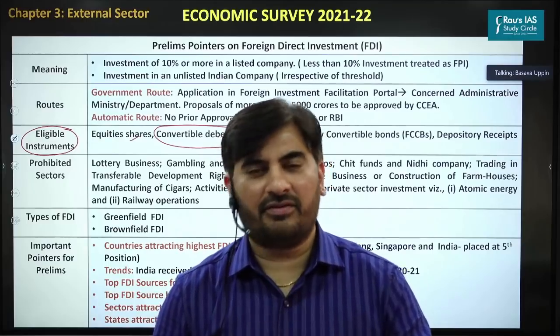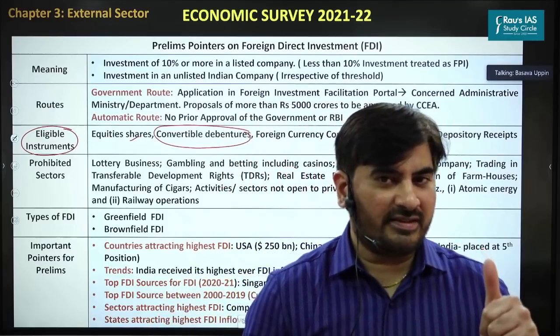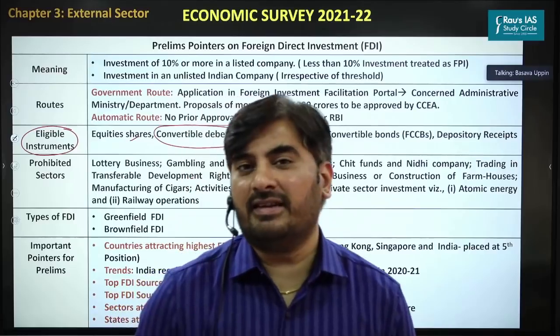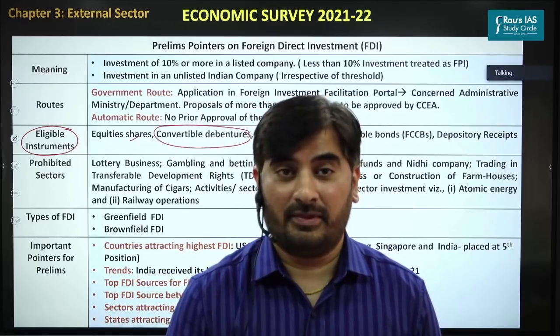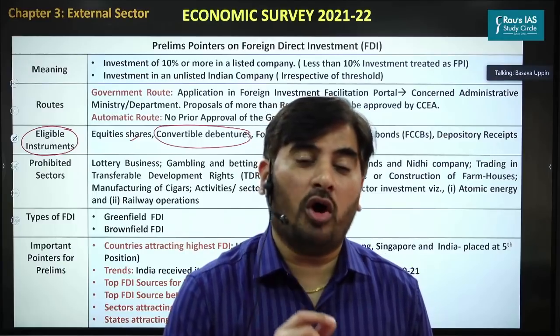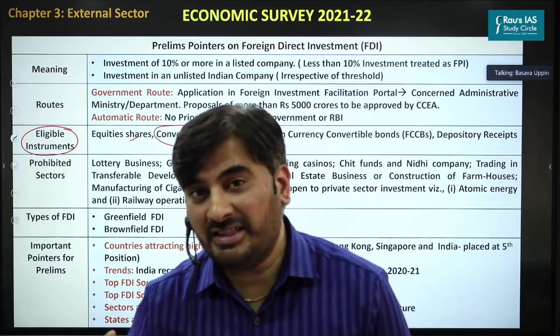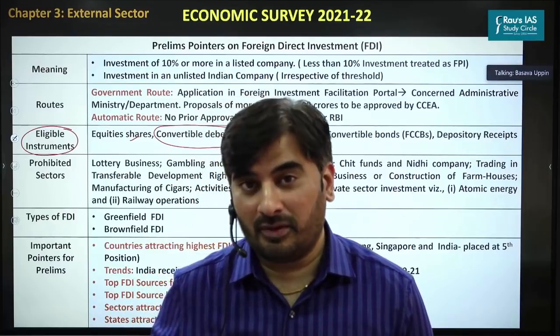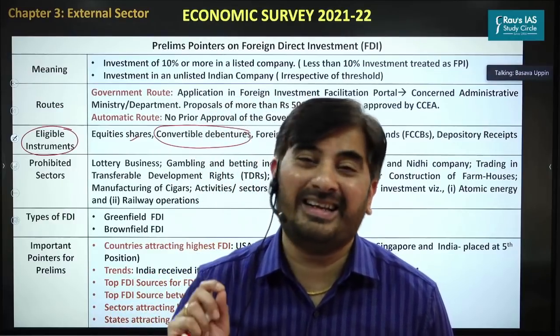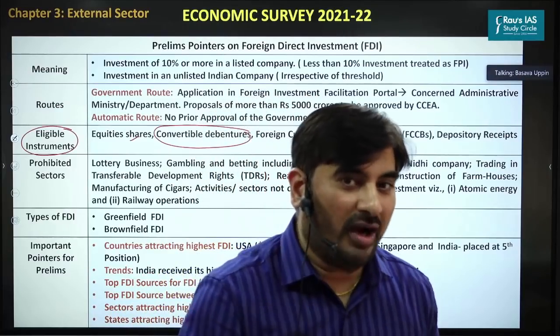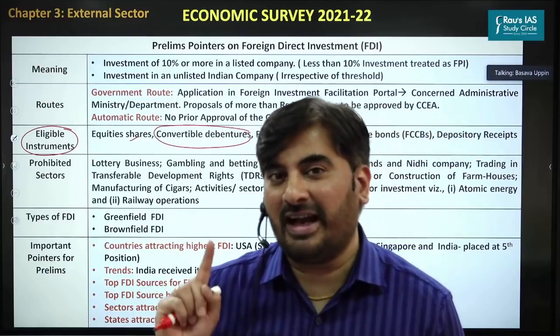Let's understand these differences. First difference is, a bond is considered to be a secured debt. Secured debt means the bond is backed by a collateral. Whereas a debenture is unsecured debt, which means there's no collateral to back the debenture. So bond is secured debt, whereas debenture is unsecured debt.